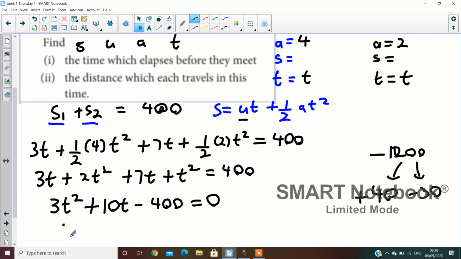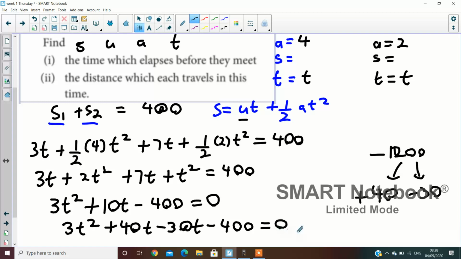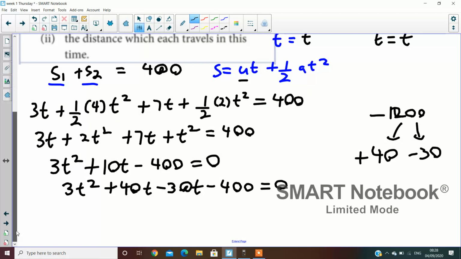So you can use the minus b formula if you want, but I'm just going to factorize it into this. Will this work? Yeah, it will work. T into 3. Oh yeah. 3t plus 40.